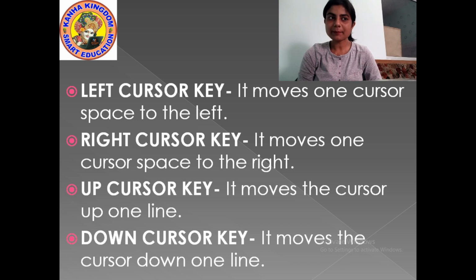The up cursor key moves the cursor up one line, and the down arrow key moves the cursor down one line. So these are the functions of the cursor keys.